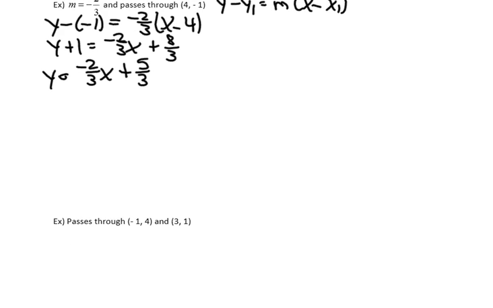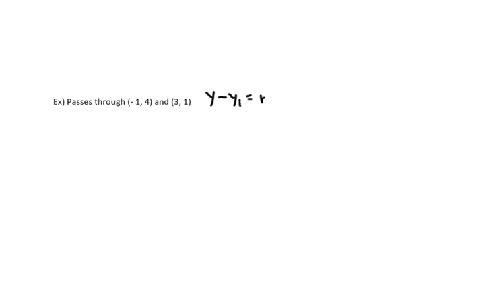Now, let's write the equation that passes through these two ordered pairs. So again, I'm going to set it up as y minus y1 for starters equals m times a quantity x minus x1. The problem is I don't know what the slope is, so I need to calculate what the slope is going to be first. If you recall, the slope is y2 minus y1 divided by x2 minus x1.